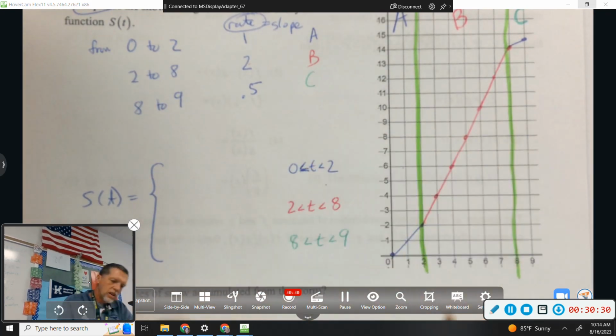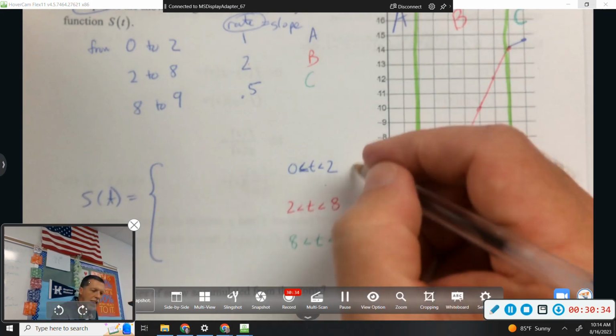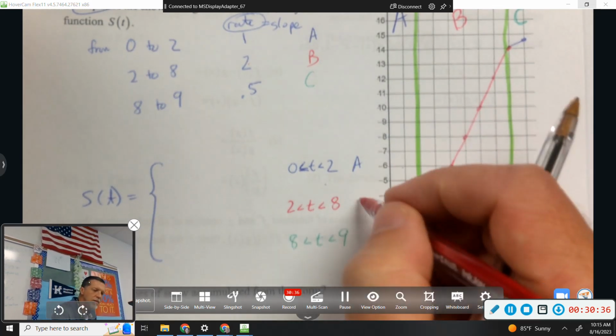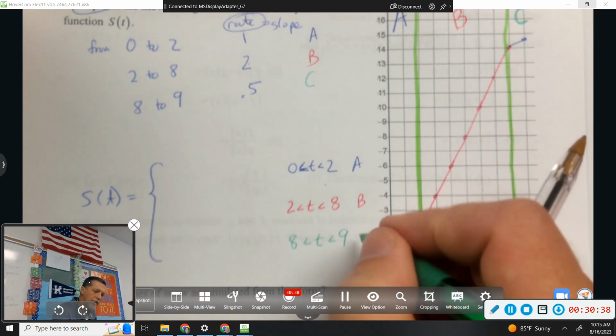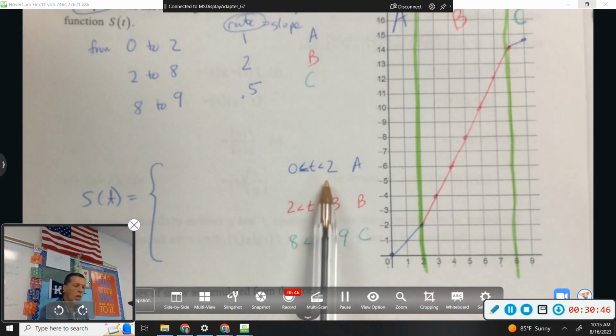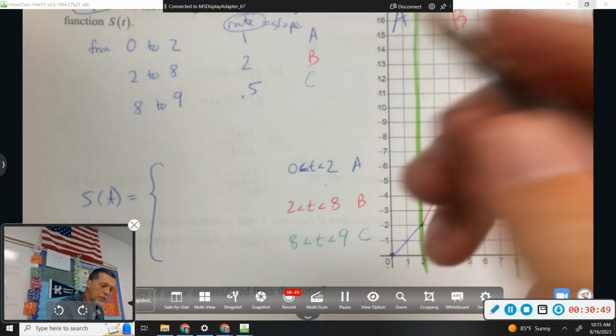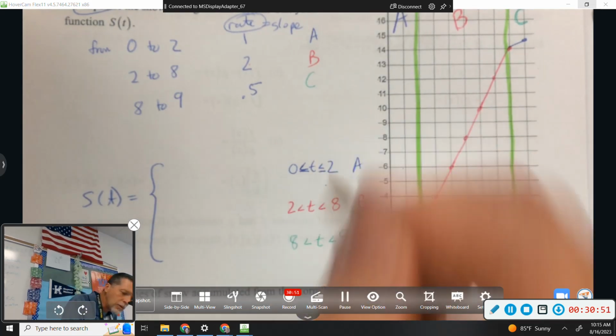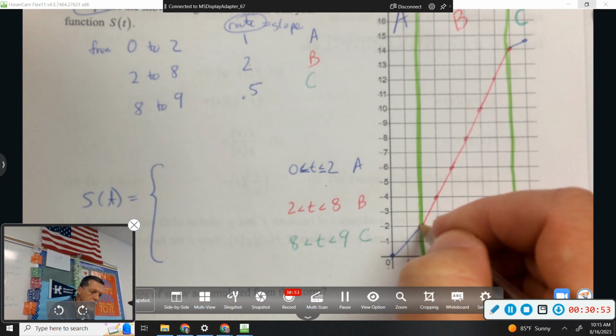What about at 2? Who wants to claim it, A, B, or C? Well, I heard A and B, and the fact is it doesn't matter. You could assign it to either one. Because either way, I need to have a point there, so don't leave them both open, but don't make them both closed. So make one of them equal to, and so we'll just claim that it goes with A. Again, it doesn't really matter.